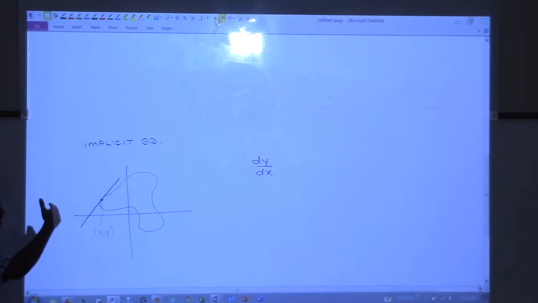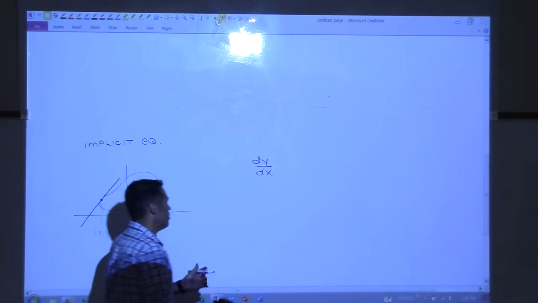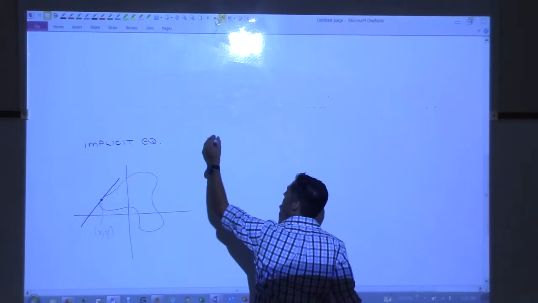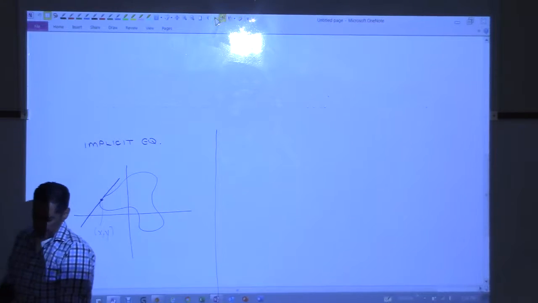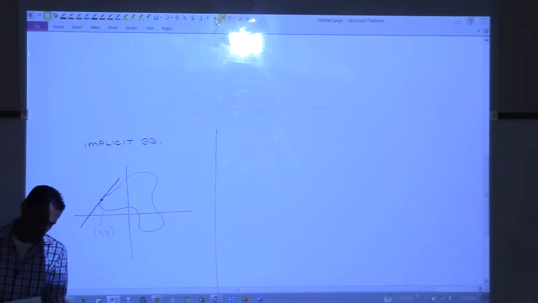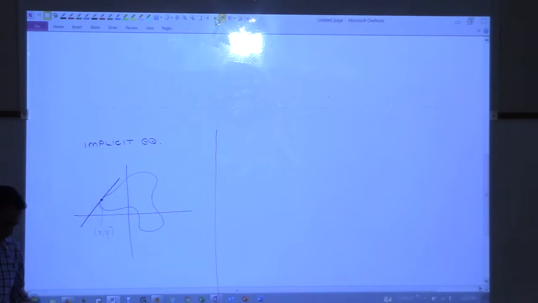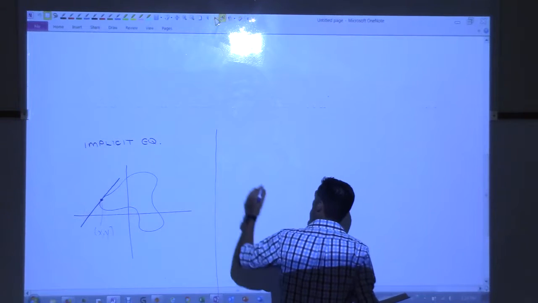I'm going to give you an implicit equation, and then what we're going to actually do is find the equation of that tangent line. Not the slope, the equation of it. We've done this before, but we're just doing it with an implicit equation instead. So I was going to pull one of these out of the book. Okay, how about this one?